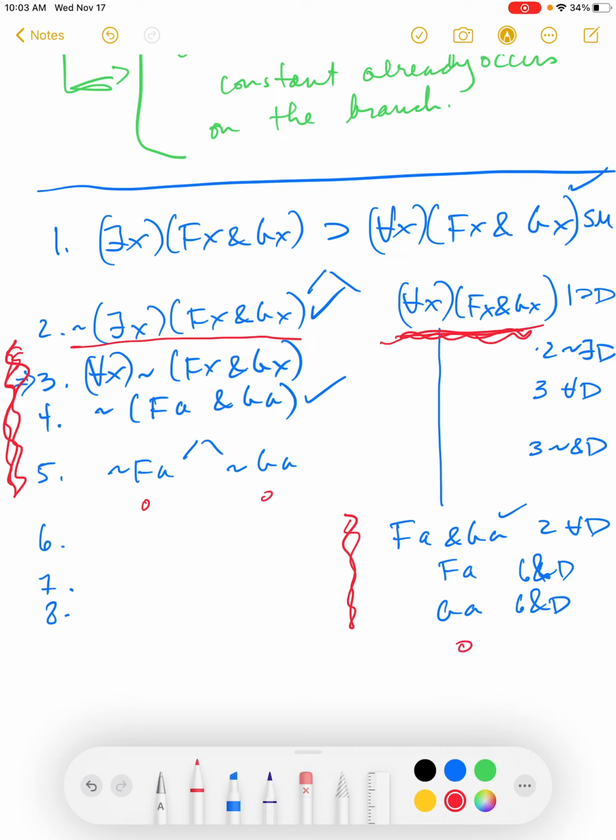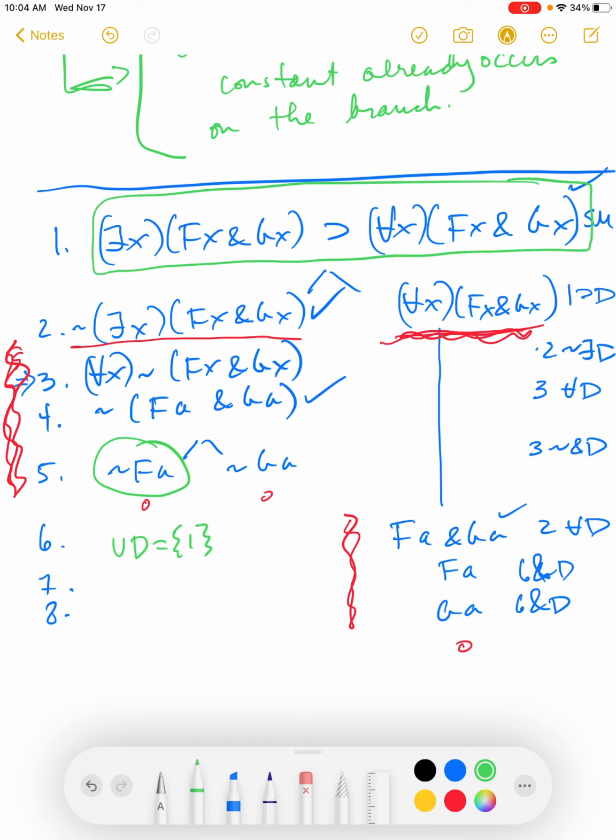And let's take a look at what we can get from this open branch. The only literal on the branch is not FA. Well, what does that suggest? That suggests a universe of discourse that's got one thing in it. By the way, A does not appear in our set member. In this interpretation that makes the set member true, we don't need to give a referent for A because A was generated by applying decomposition rules.